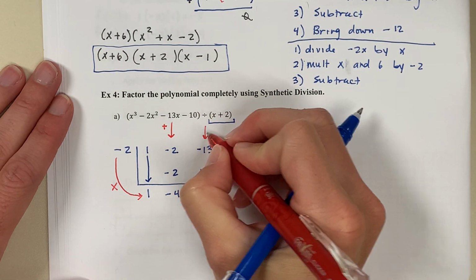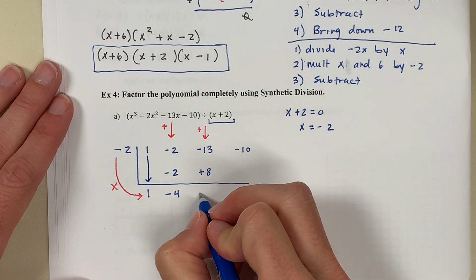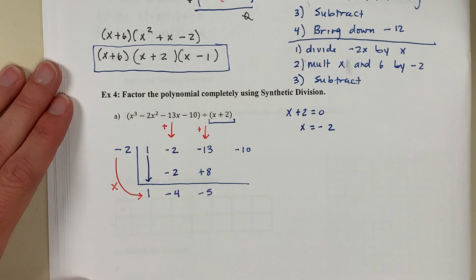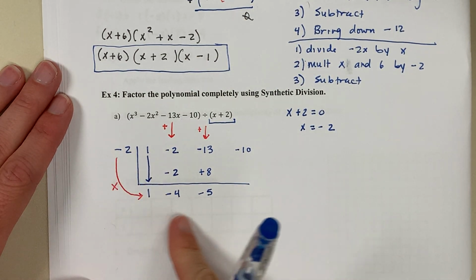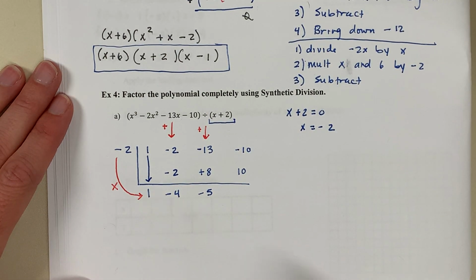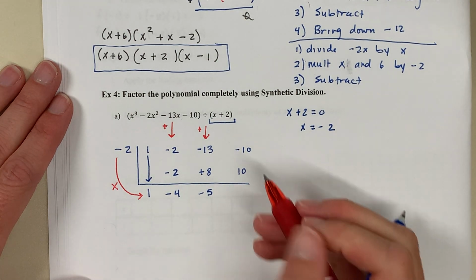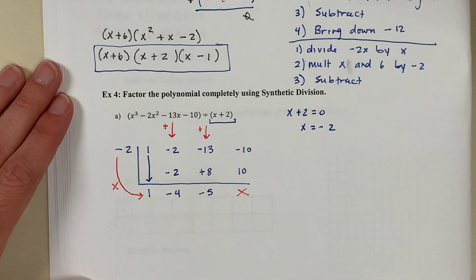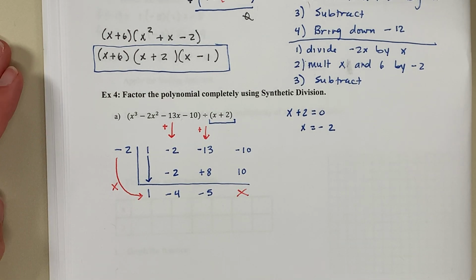As I work down the column, I add those numbers together. -13 plus 8 is -5. I multiply. -2 times -5 is +10. And then I add. -10 plus 10 is 0. I usually put an X there for 0 because that last column represents my remainder.